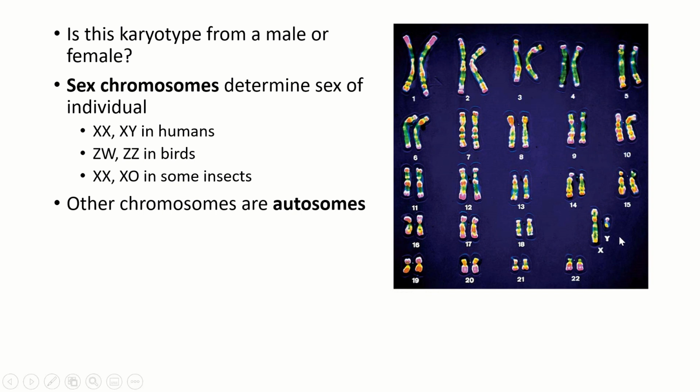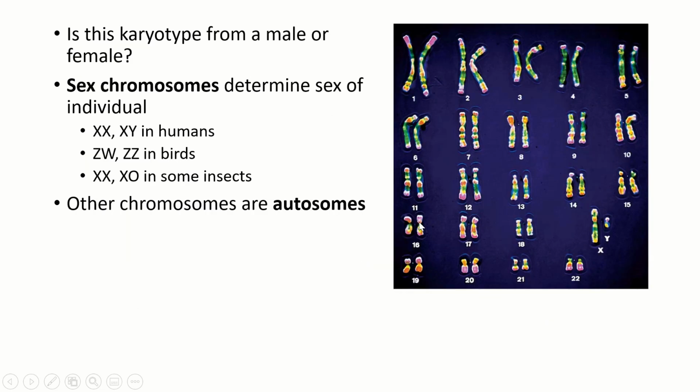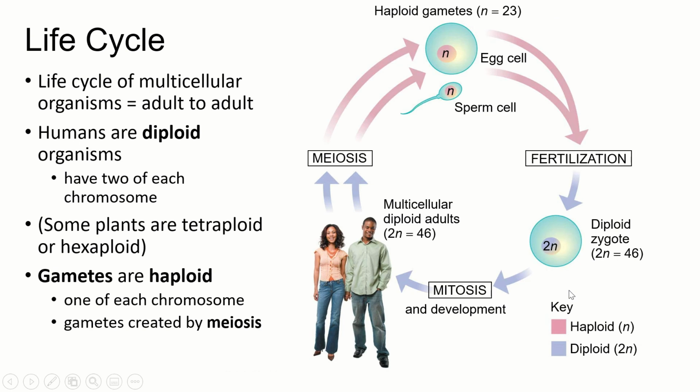All right, so these are called the sex chromosomes. All the others are called the autosomes, or autosomal chromosomes, meaning they make the body of the self. Okay? So what we're going to do in meiosis is take these cells with 23 pairs of chromosomes and separate those 23 pairs to create either an egg or a sperm, depending on male or female.